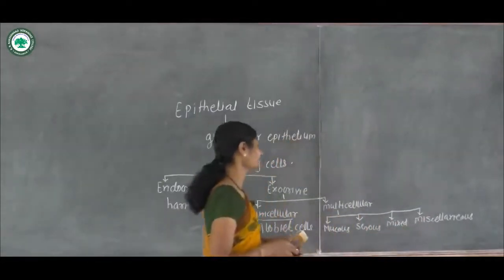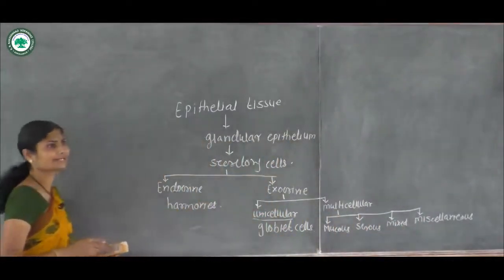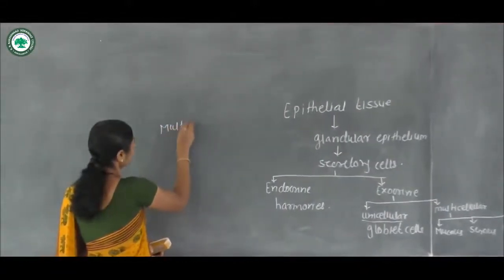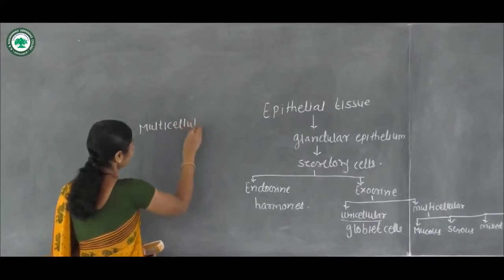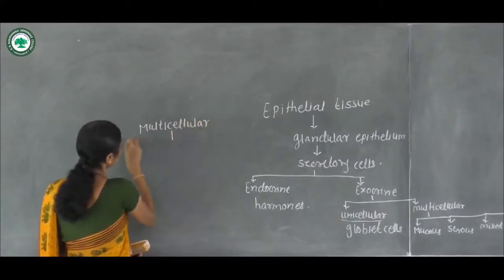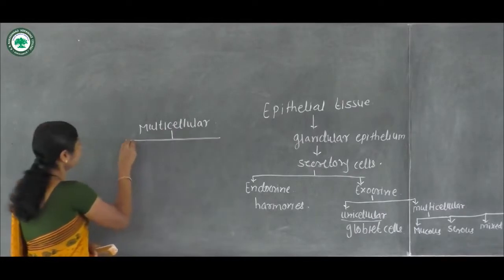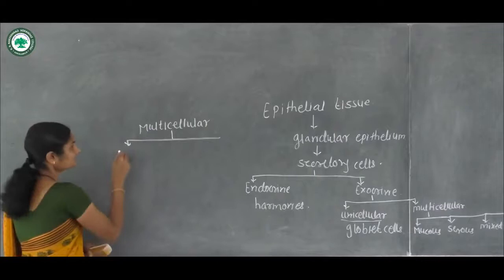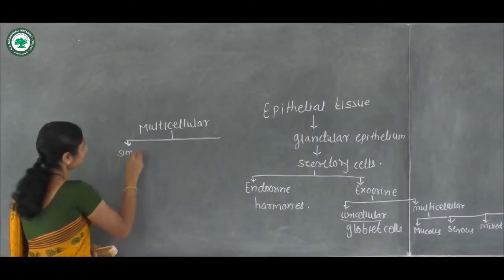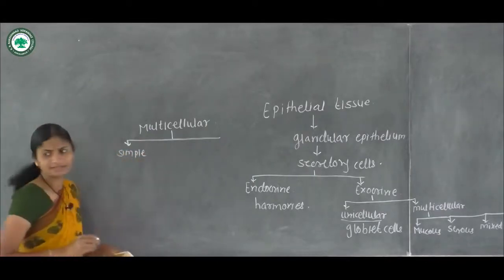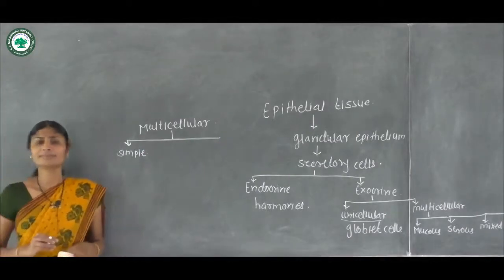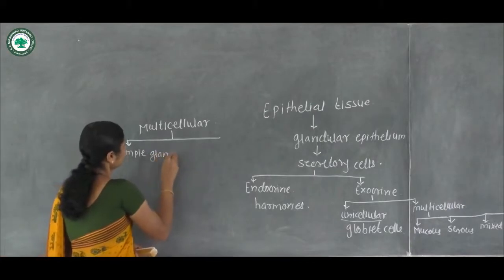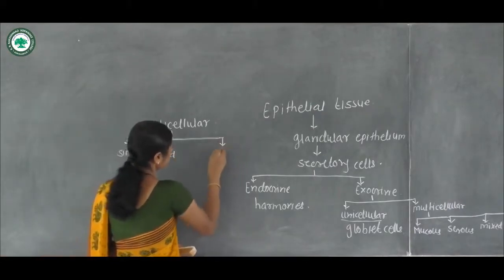These multicellular glands are again divided into different subtypes according to their structure. First is simple gland, and second is compound glands.